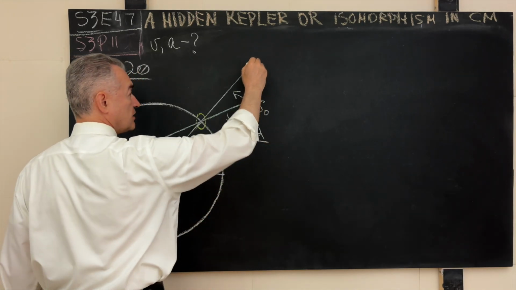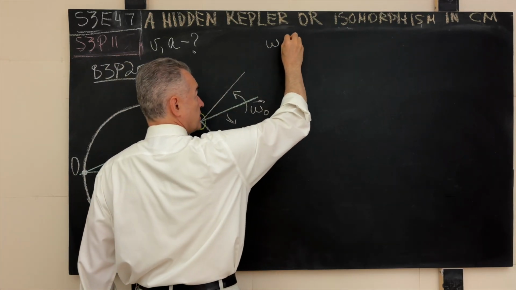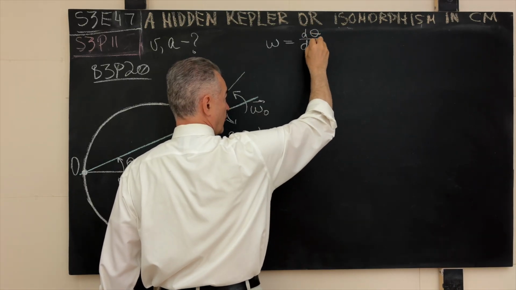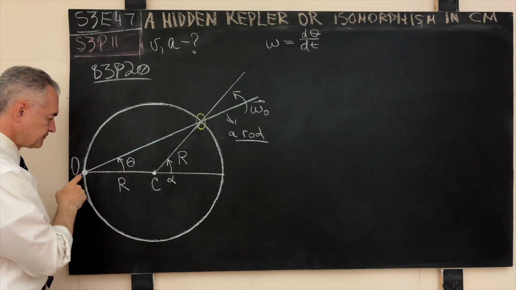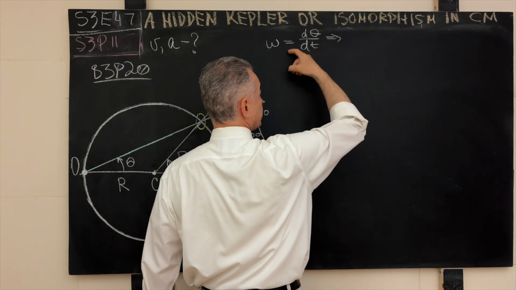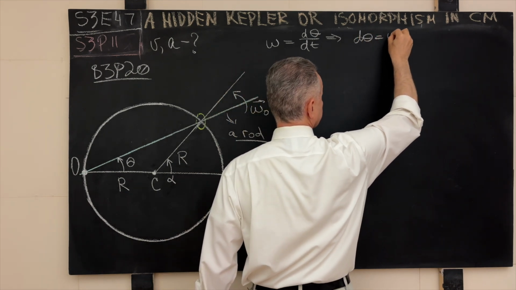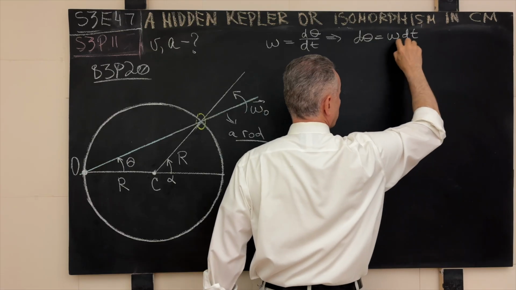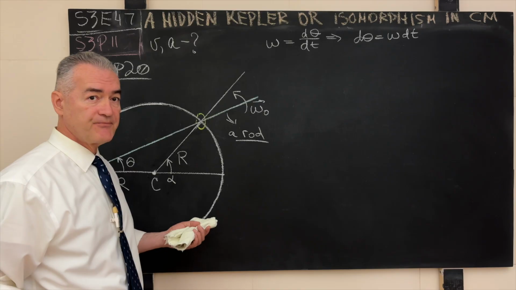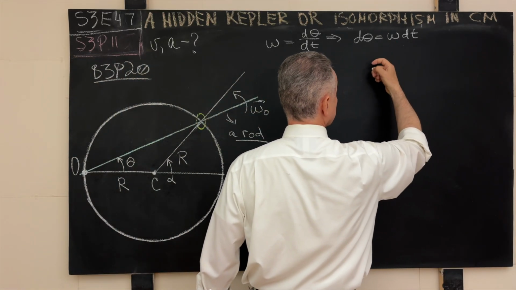In general, the angular velocity is defined as the first time derivative of the corresponding angle. If we separate these variables, treating it as a trivial differential equation, we have d theta equals omega dt. If omega is a certain function of time that would need to be given to us, then we will have an interesting time integrating this equation.